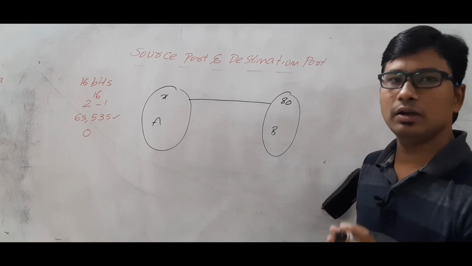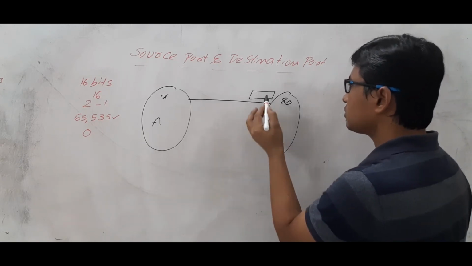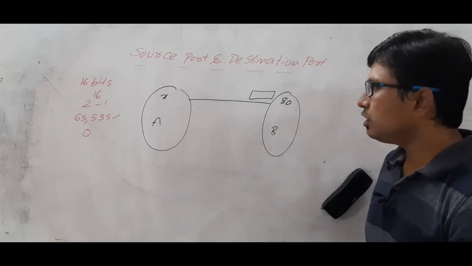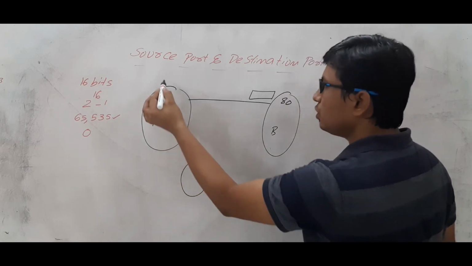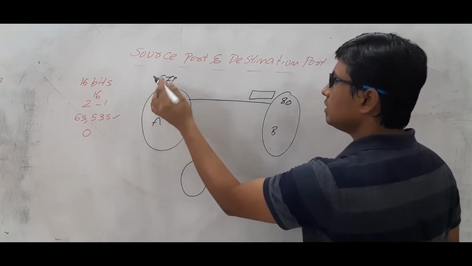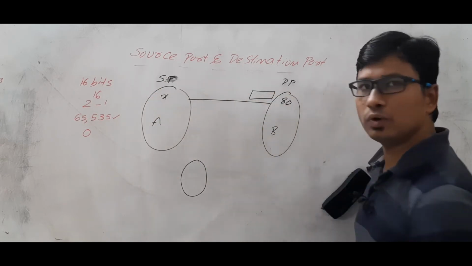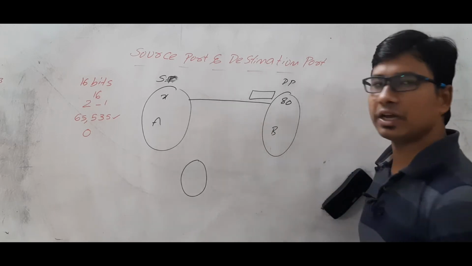Then the connection will be established, the data will be transferred, and a buffer will be allocated for this communication. Now let's take that there is a node C. If I use only the source port number and destination port number, not the source IP, then how will this buffer, or this communication, be identified?